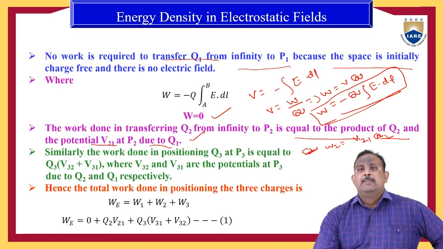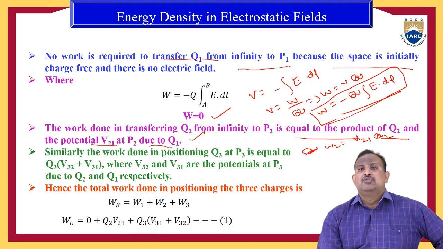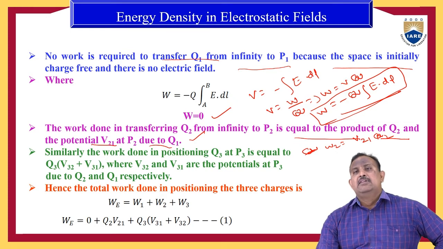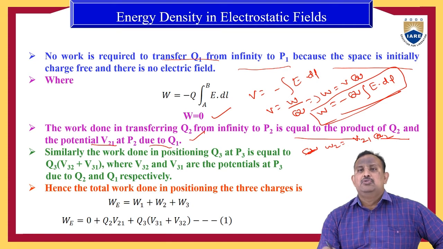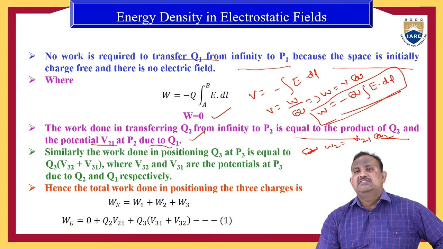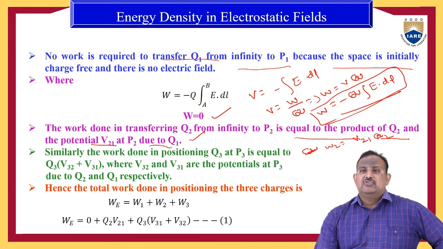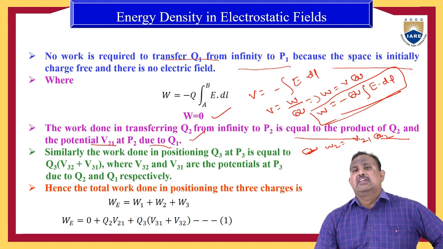Therefore, the work done W is equal to Q3 times V32 plus V31, where V32 is the potential at point P3 due to the charge Q2, and V31 is the potential at point P3 due to the point charge Q1. So both point charges Q1 and Q2 influence the work done required.